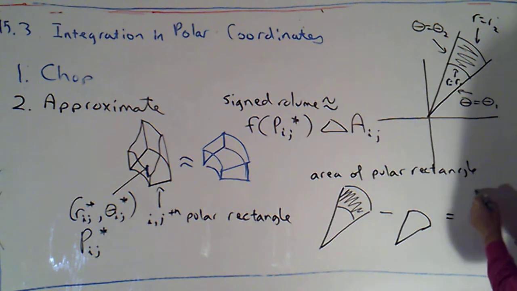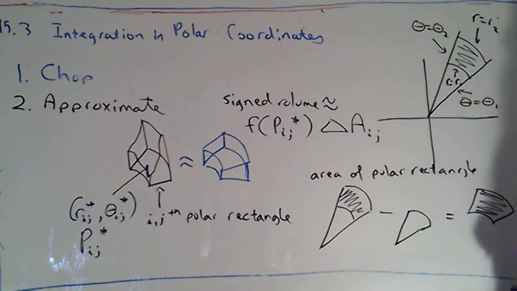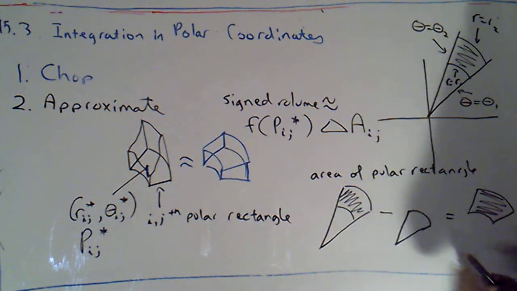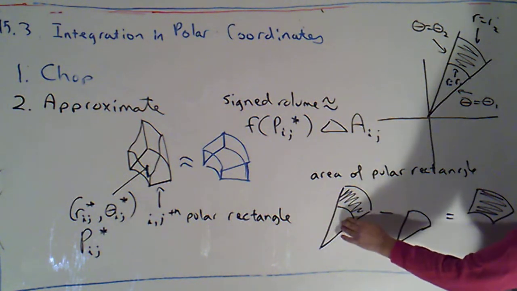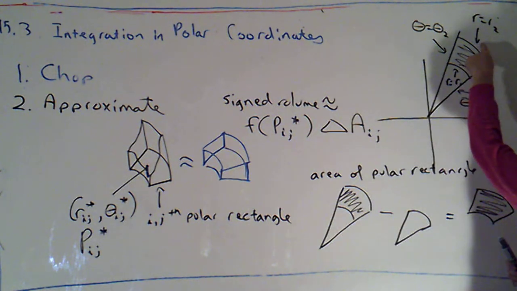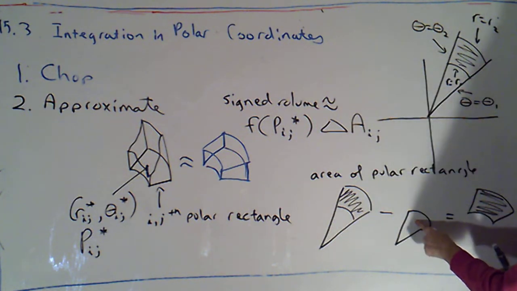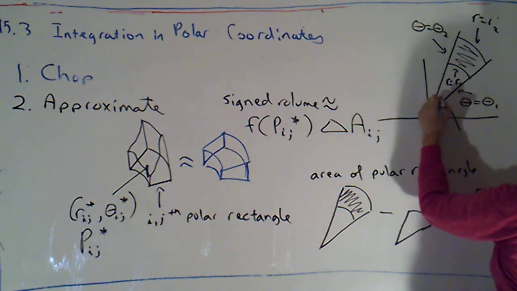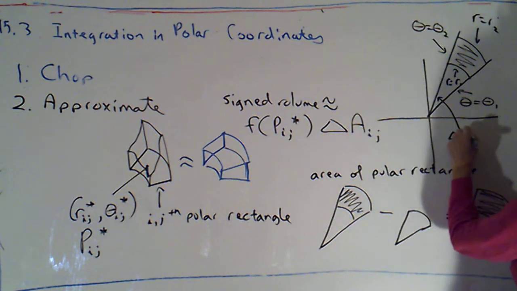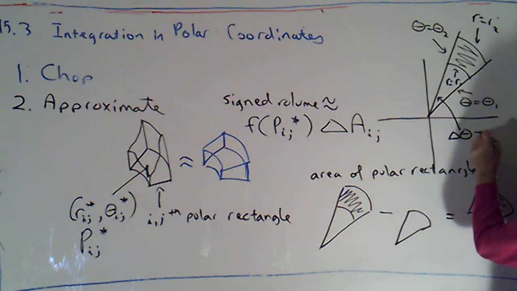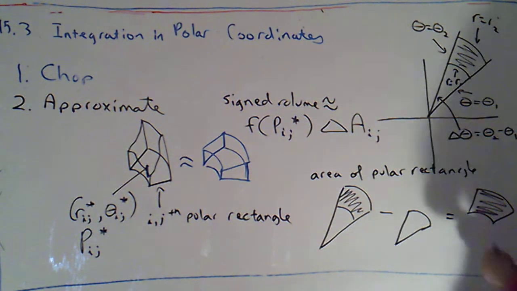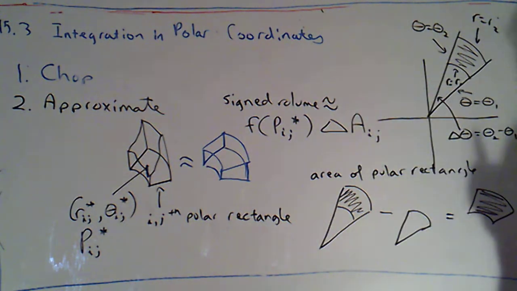And that's going to give me the area that I want, which is kind of nice. So each of these little pizza slice things, we call that a sector. Okay. So this is a sector of the circle of radius r2. This is a sector of the circle of radius r1. Okay. And this angle here, I'm just going to call that delta theta. That's going to be the difference between these two angles. So that's the change in angle over this particular wedge.